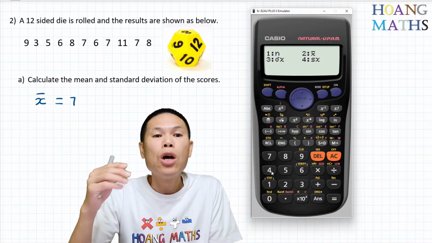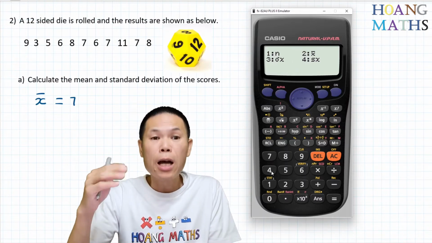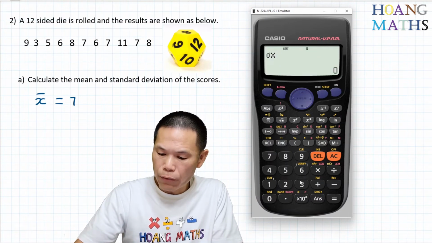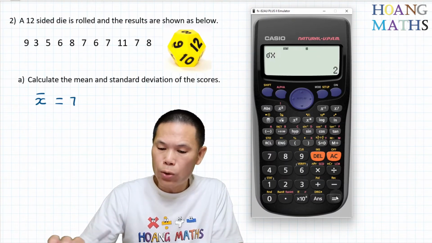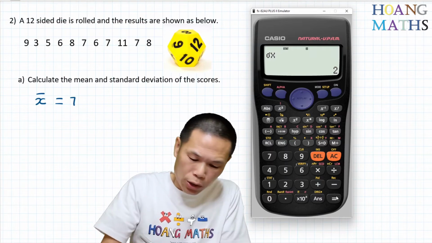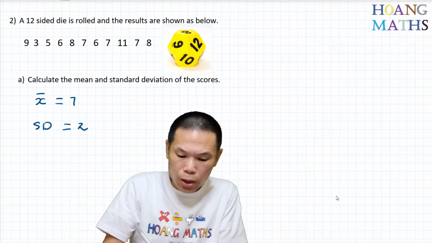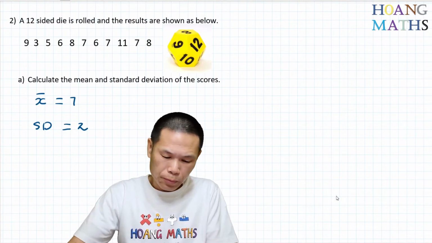And we need to choose option 3 because it is a population. So now we just choose 3, and don't forget to press equals. So that is 2. So the standard deviation is equal to 2. So there you go.